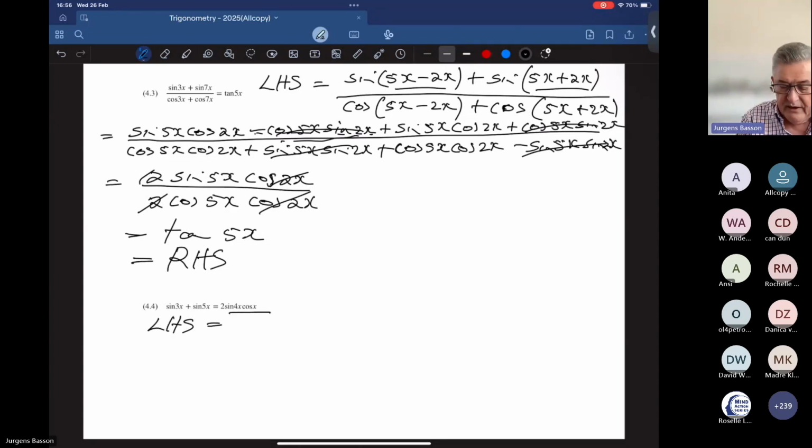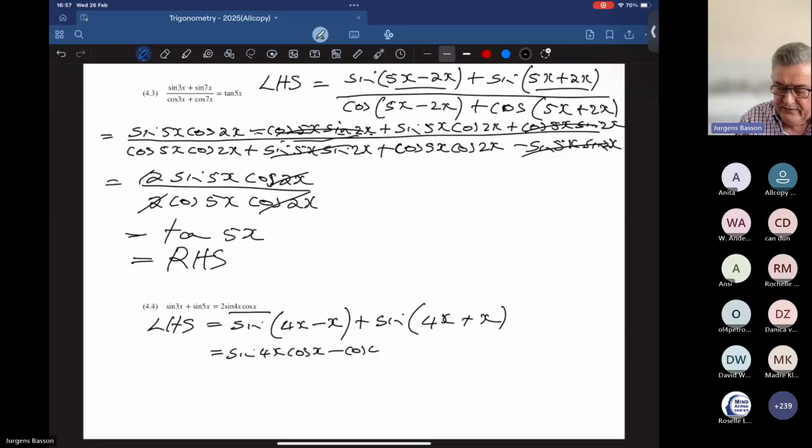Look at the right-hand side. We use 4x and x. So I'm going to say it's the sine of 4x minus x plus the sine of 4x plus x. Now we expand them. sin 4x cos x minus cos 4x sin x.